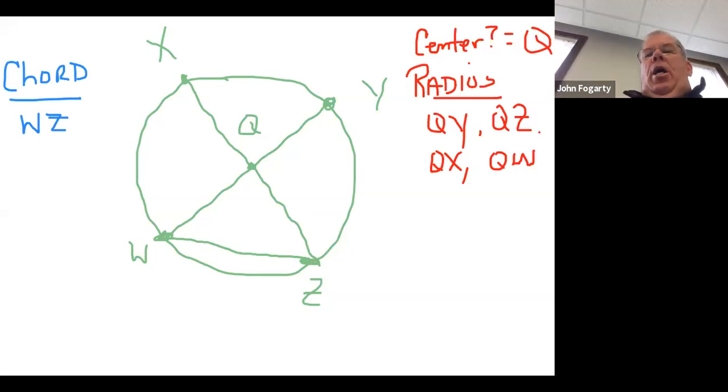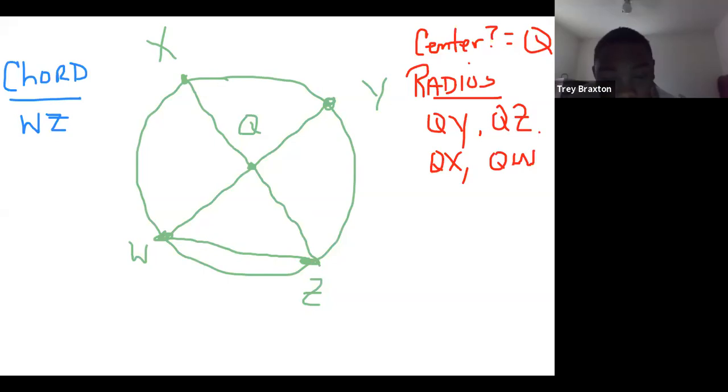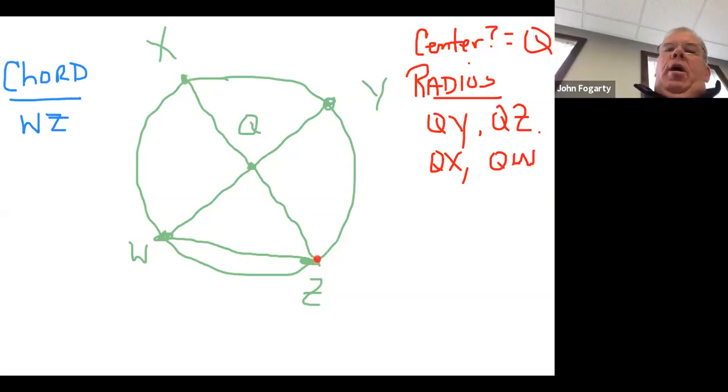Is there any other chords? XZ. Very good. Two endpoints are points on the circle, so I would think that XZ is a chord. Is there any other ones? YW.